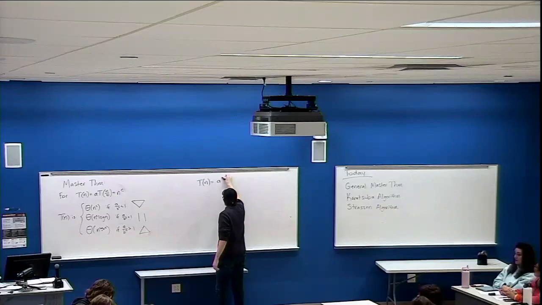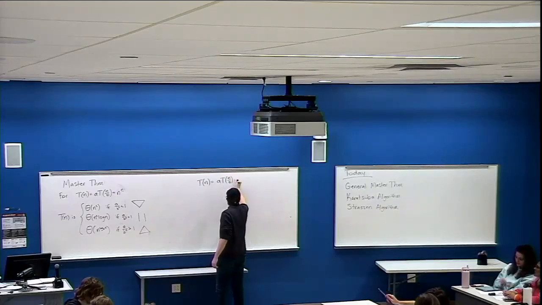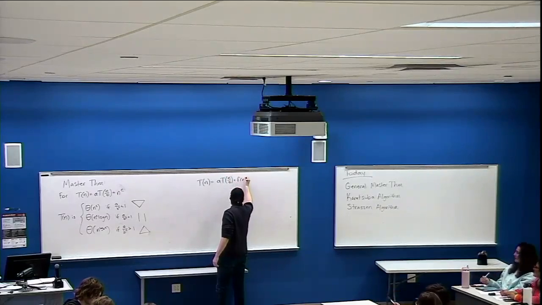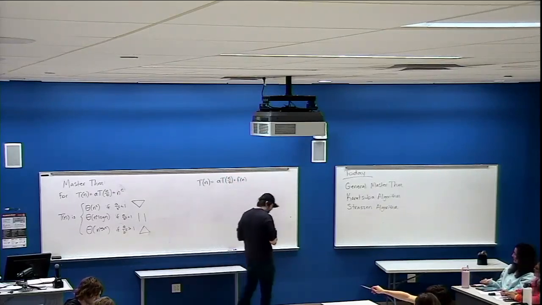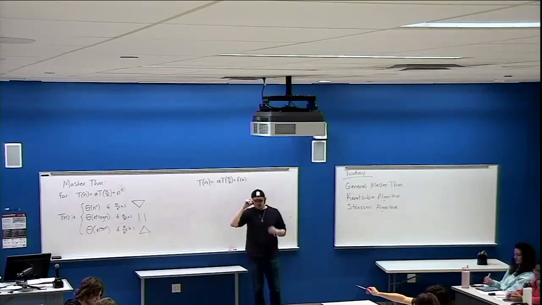Once you categorize it as A over B to the C, it's the square root of... Yeah, so we're looking at the third case. So now we just have to look at this.